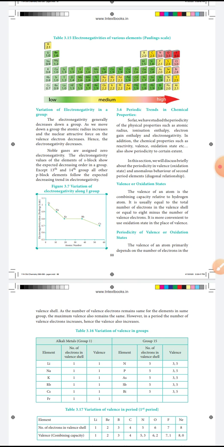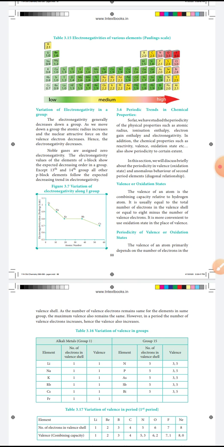What is meant by valence or oxidation state? The valence of an atom is its combining capacity relative to the hydrogen atom.